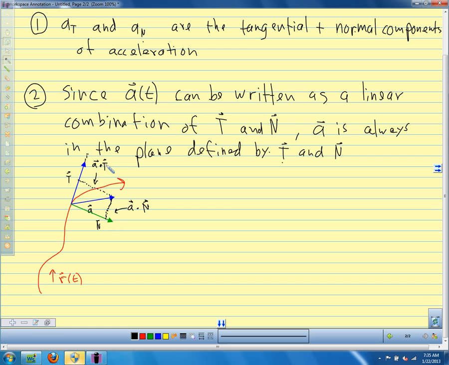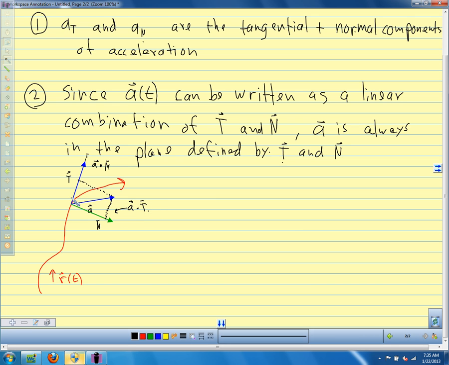So since these are coplanar, we can look at these components. And I'm sorry, I put these backwards. This quantity would be a dot n. We're projecting onto n. And this would be a dot t.